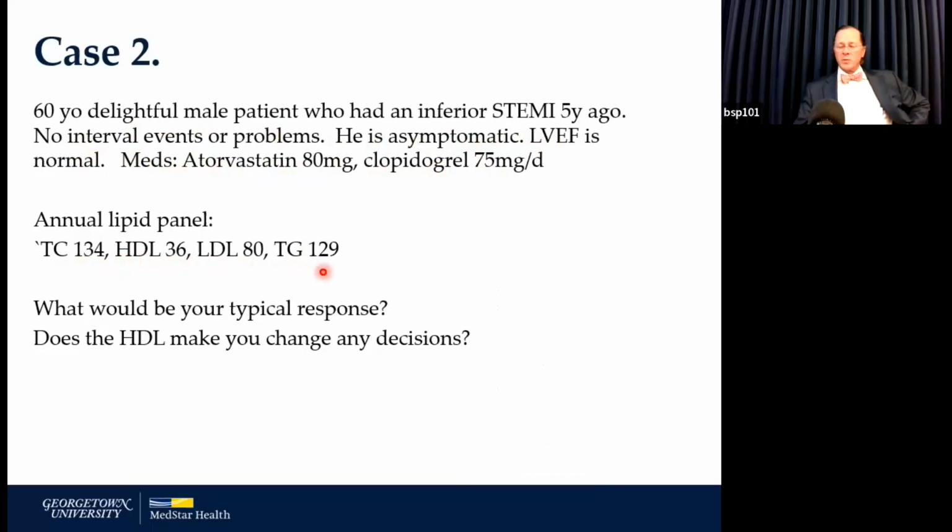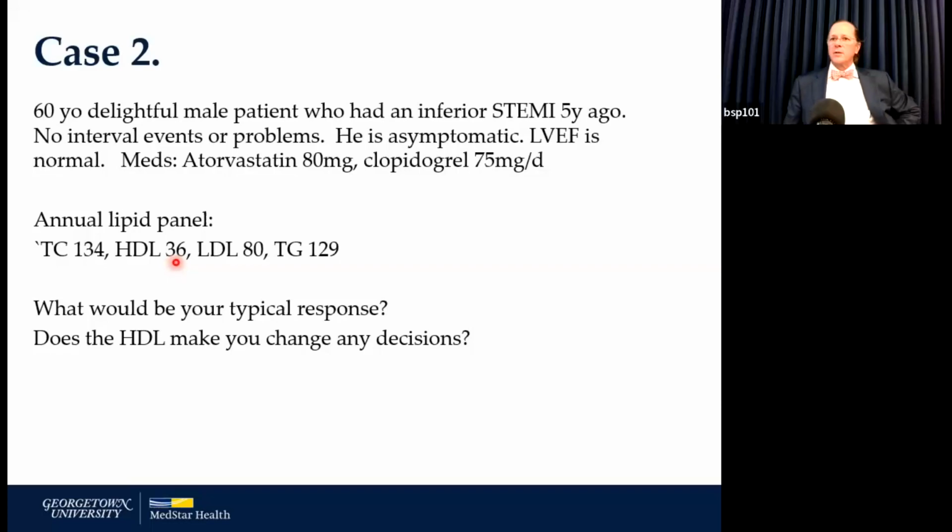So applying what Ori just went through, you're going to say, well, that number is not 70, nor is it 55. So we're going to have to do something here. But the number that stands out to me, in addition to that, is this one. And I bet as most of you are looking at this, you're saying, well, I don't really know what to do about HDL these days, because you're right. I don't have a specific therapy to give you that treats HDL.